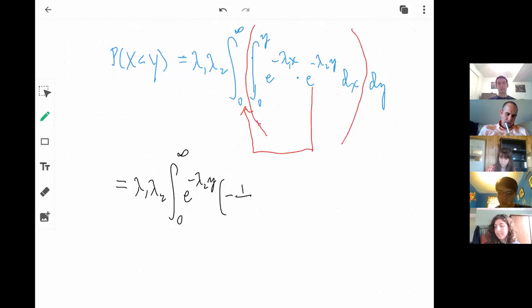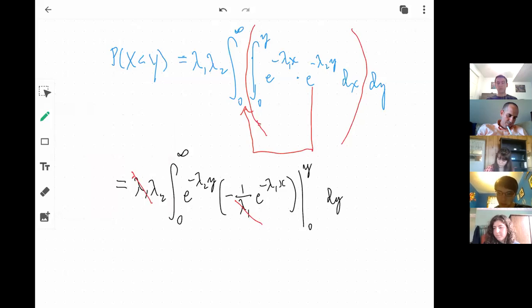Yeah, minus 1 over lambda 1, e to the minus lambda 1x. But what about these lambda 1s? There's a lambda 1 out here that cancels with this one right here. And of course, this thing needs to be integrated between 0 and y, dy.